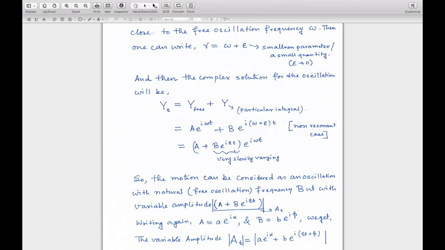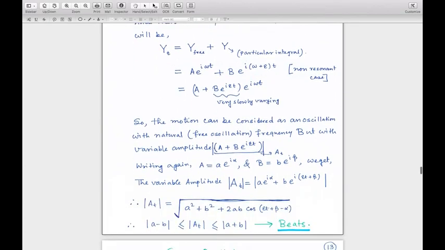So e to the power i epsilon t is an oscillation with a frequency epsilon, which is very low. So it is a very slowly varying thing. The motion can now be considered as an oscillation with the natural frequency.